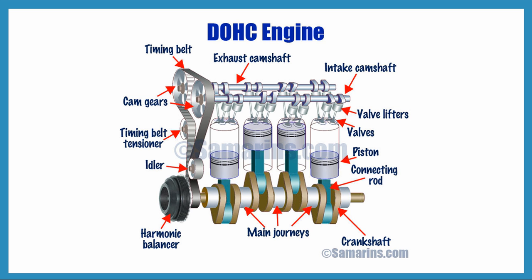When the camshaft is fitted on the overhead of the engine, it is called the overhead camshaft engine. And when double camshafts are fitted on the overhead of the engine, the engine is called a double overhead camshaft engine.